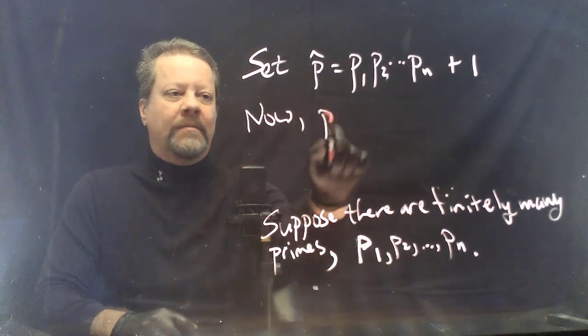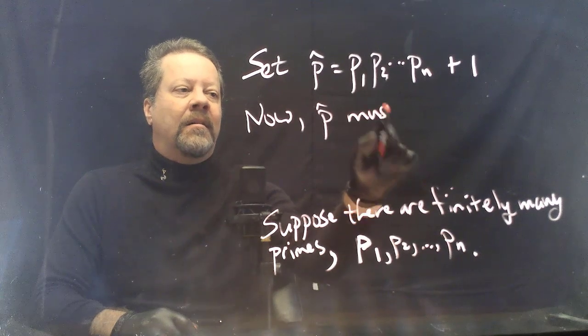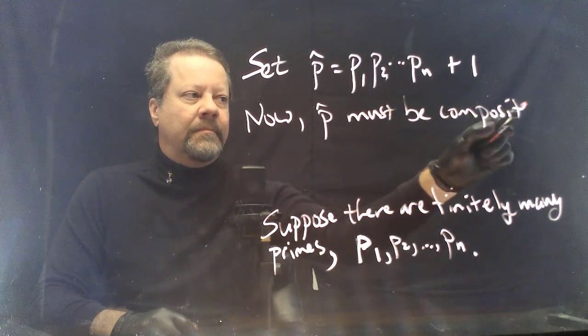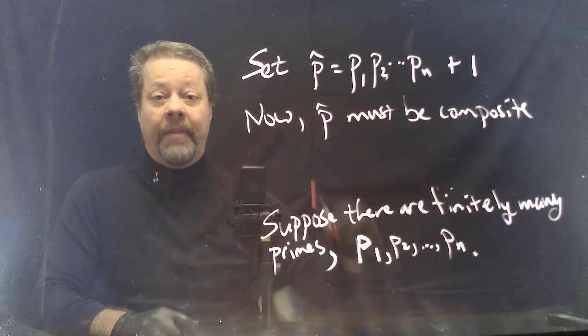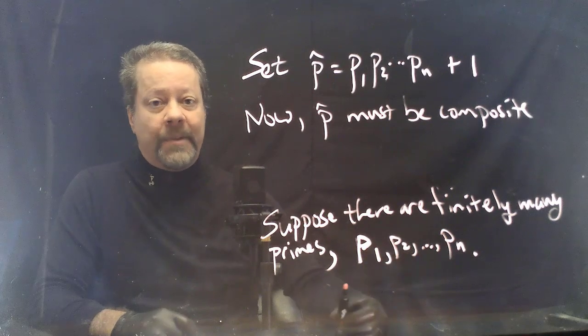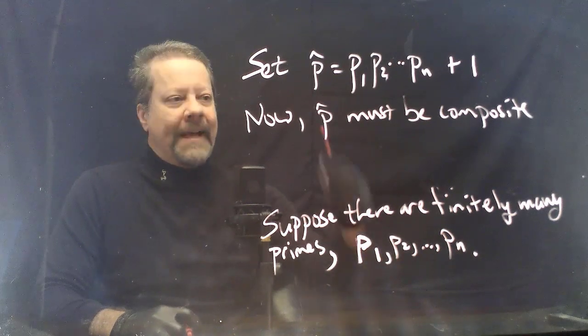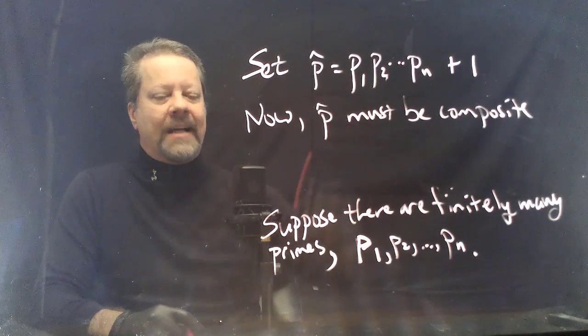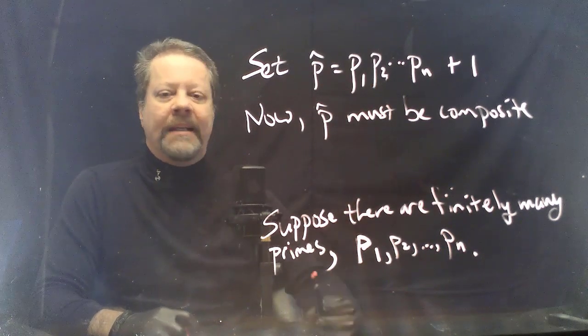Now, P hat must be composite, because if it weren't composite, it would be prime, and it's not in this list because it's bigger than all of the numbers in this list. So in fact, if this is a complete list of primes, and this is not in that list, then it must be composite.